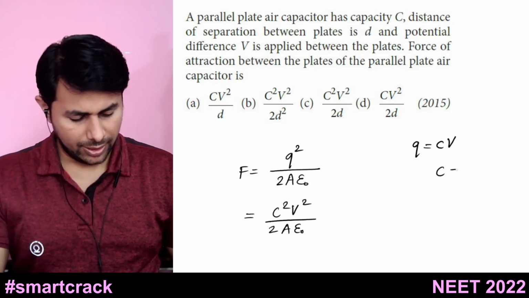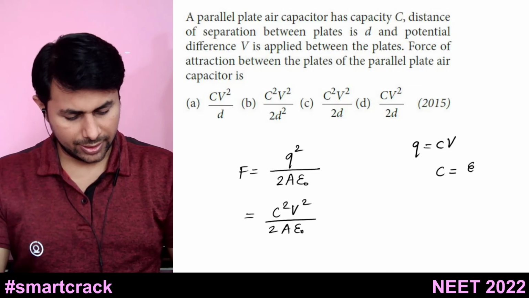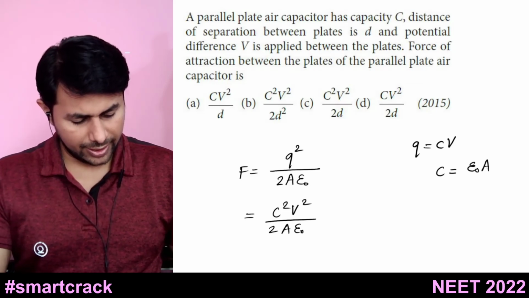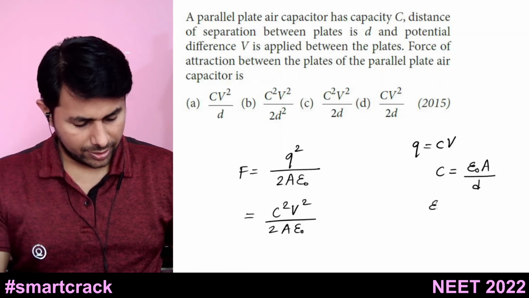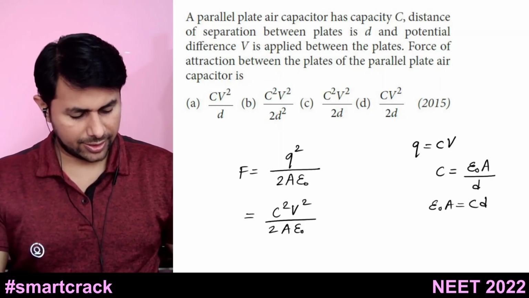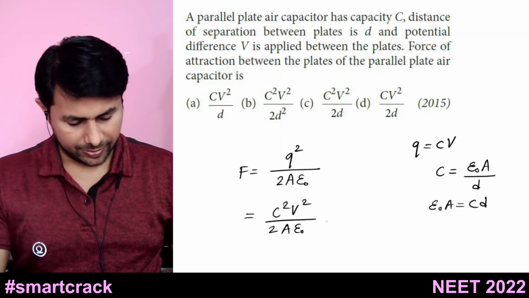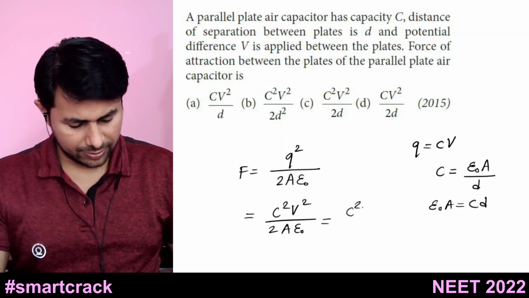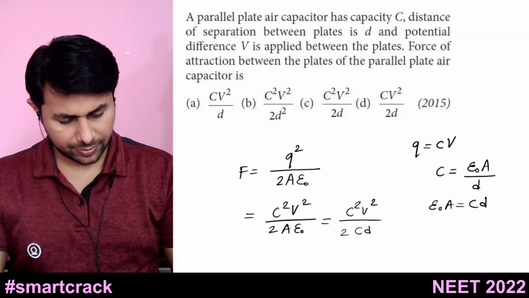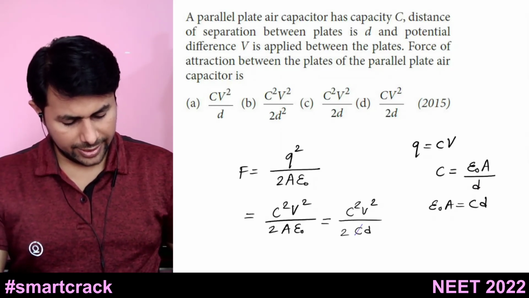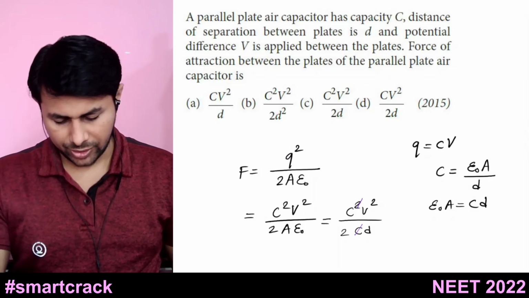We know capacitance C is equal to epsilon naught A upon D. So epsilon naught A equals CD, because if we take the D on the other side, it will be CD. So if we substitute that, it is C square V square divided by 2 times CD, and this C gets cancelled out with the square, so it is CV square upon 2D. So this should be the answer.